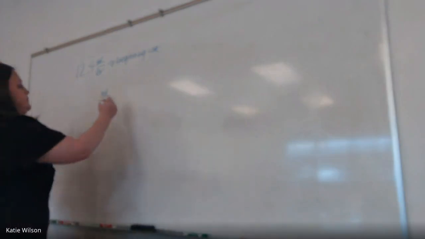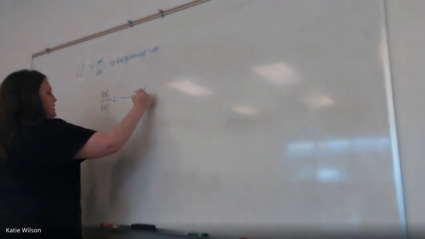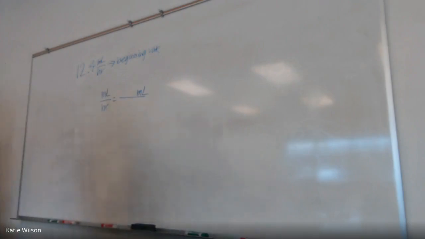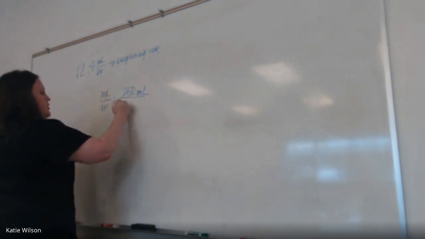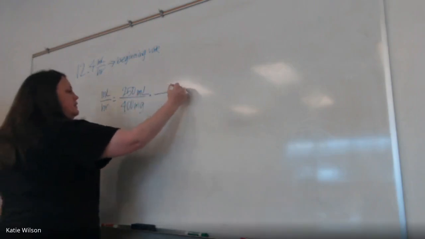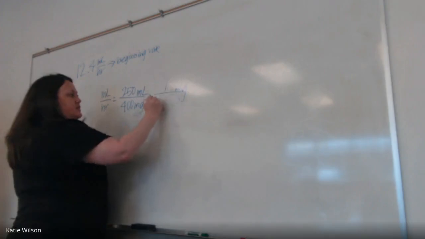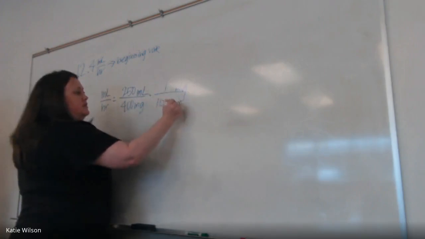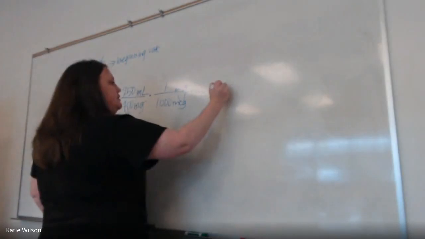So it has the same information. What do we do about milliliters? We had 250. There's 400 milligrams in that 250. We had to put our conversion factor in here because it gave the order in micrograms, right?